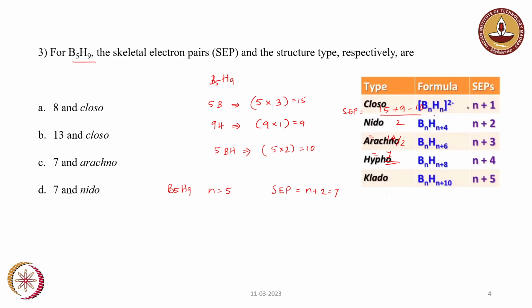In this table we can see that if SEP is n plus 1, it's closo. If it's n plus 2, it's nido. n plus 3 is arachno. n plus 4 is hypho, and n plus 5 is clado. So we have SEP n plus 2, and n plus 2 is nido. So option D is the answer, SEP 7 and nido structure.